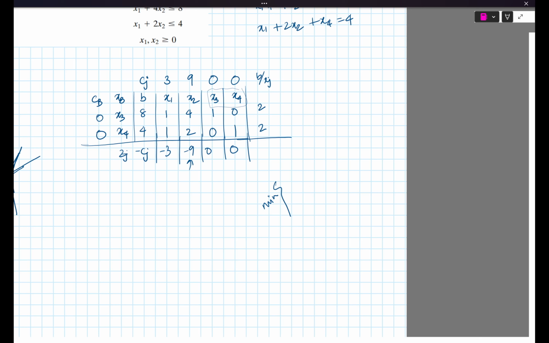Basically, you don't need to really reorder, but you need to have a fixed order, and that fixed order should be such that you start with the basic variables and then the non-basic. The basic variables will be like an identity matrix. First x3, then x4.